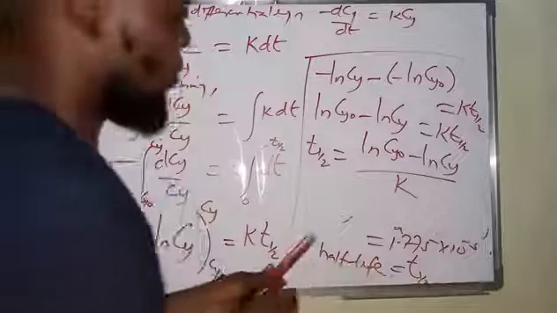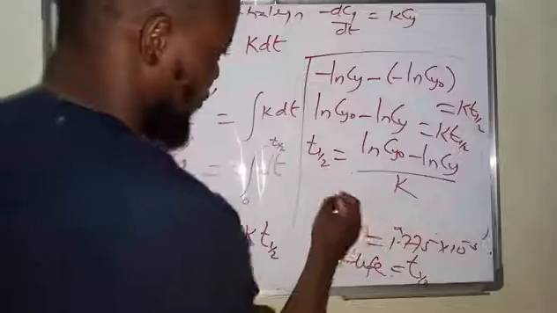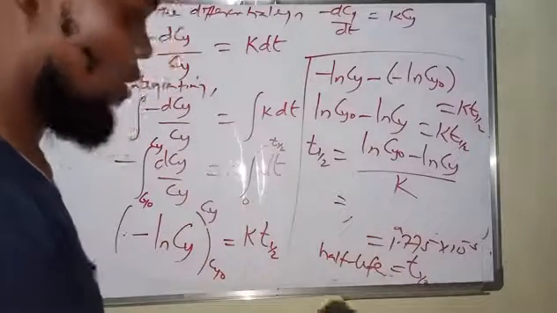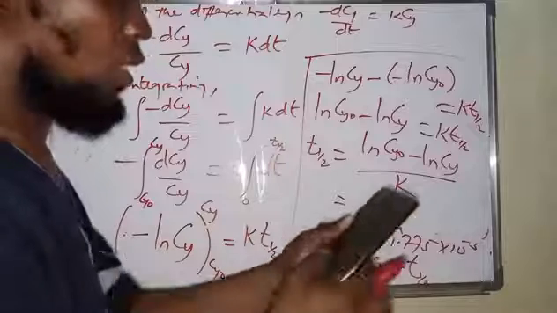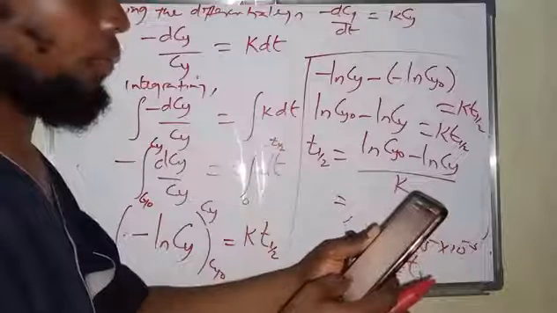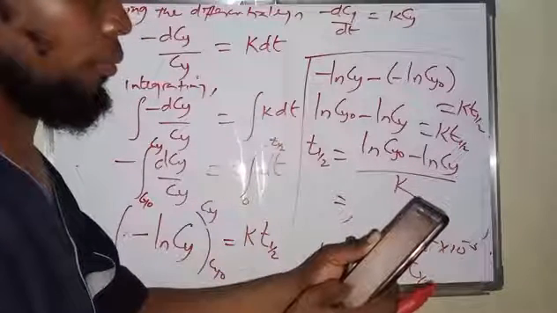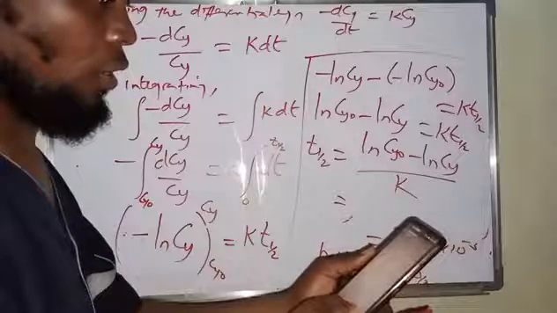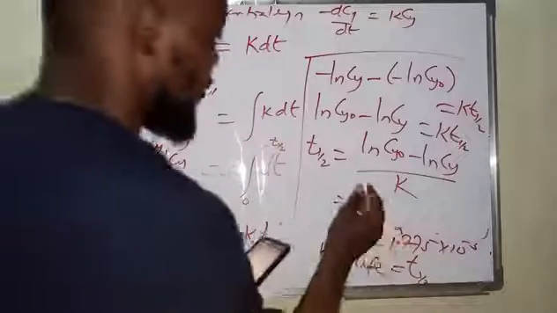So we can now substitute. From what we had, the initial concentration was 3.55 times 10 to the power minus 3.